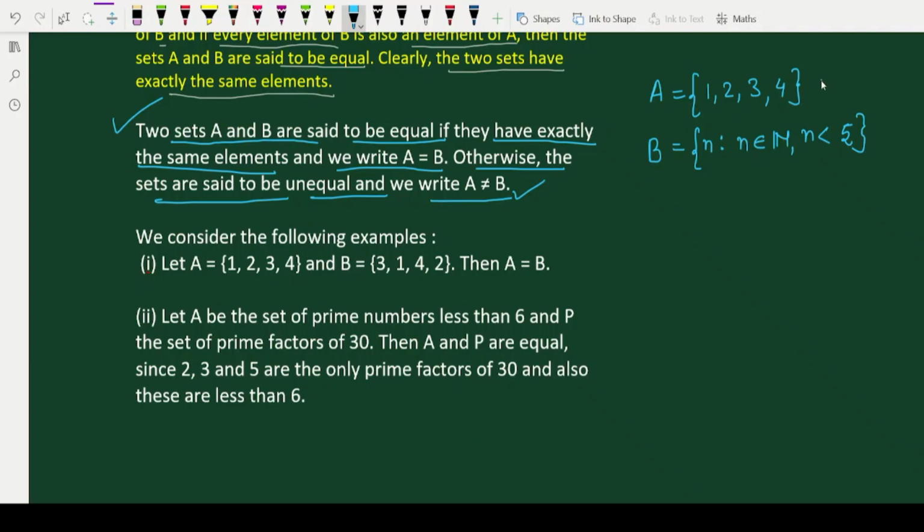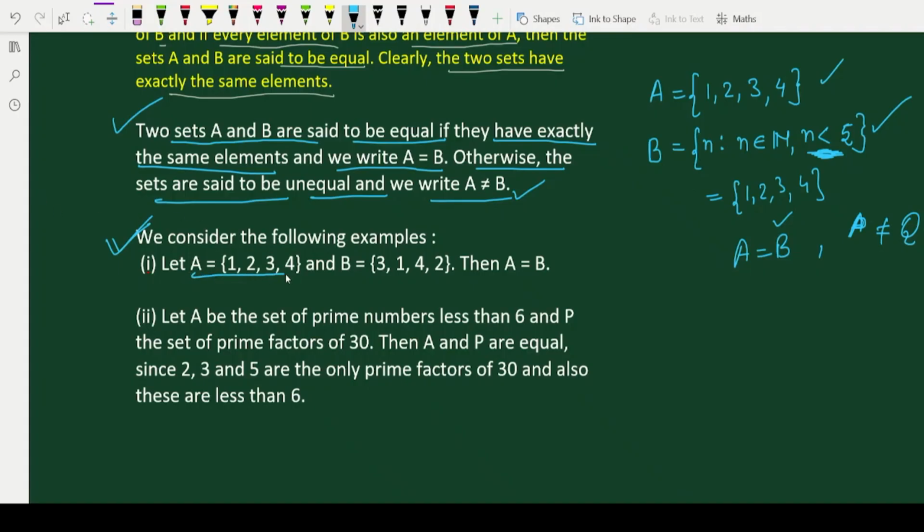Okay, this is in roster form, this is in set builder form, but both have the same elements. What are the elements of B? 1, 2, 3 and 4 because less than 5. So we get A equal to B. Otherwise, we say A is not equal to B. Let's see some very good examples.